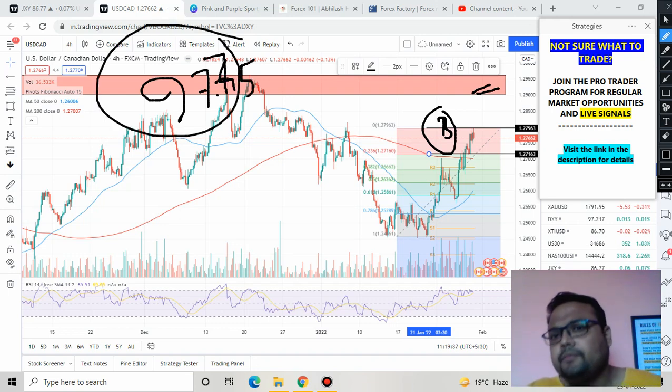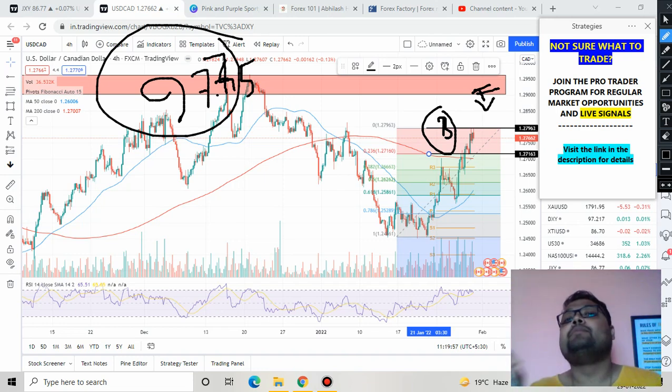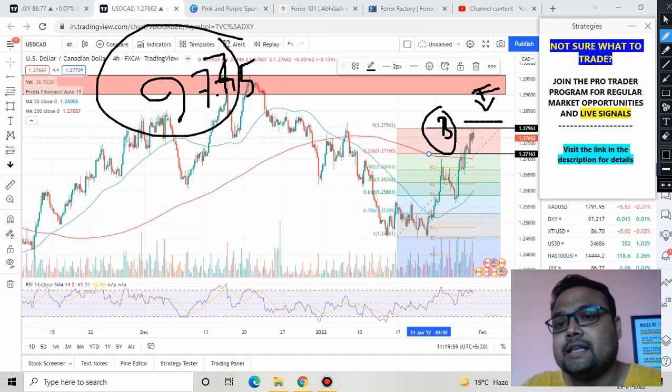If the dollar reverses from that level, you can take a sell position. But keep in mind the market will be extremely bullish. Beginners and new traders can avoid it. Experienced traders can take a sell position. But considering the trend of the market, it is wise to take a buy position only at the breakout.